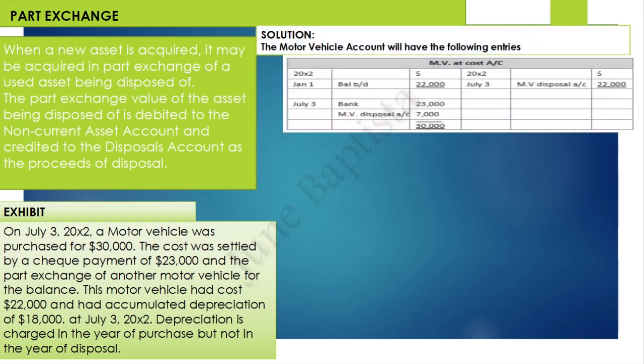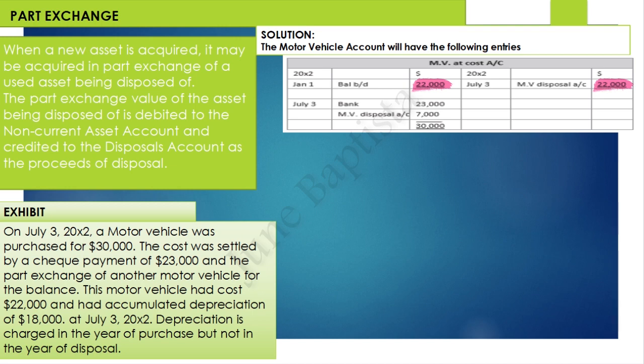Solution. The motor vehicles account will have the following entries. On the 1st of Jan 20x2, the balance in the motor vehicles account was $22,000. On July 3rd, this account is credited $22,000 on the disposal of the motor vehicle.